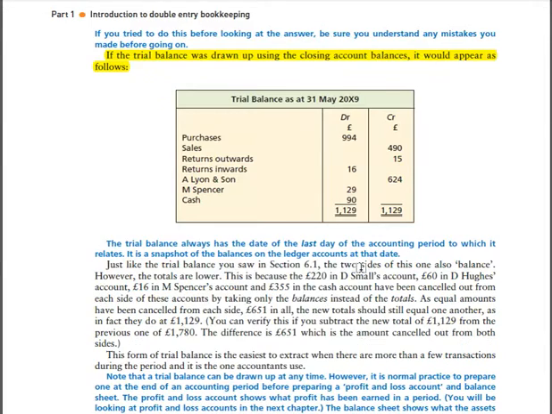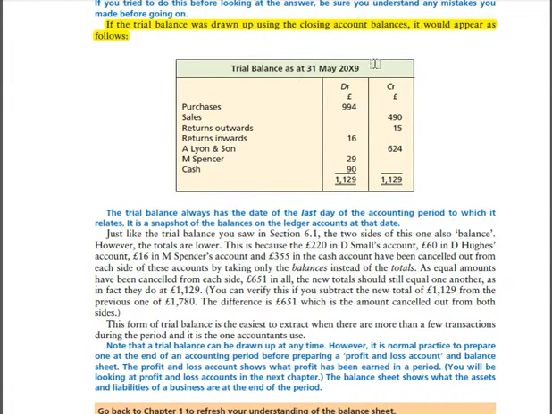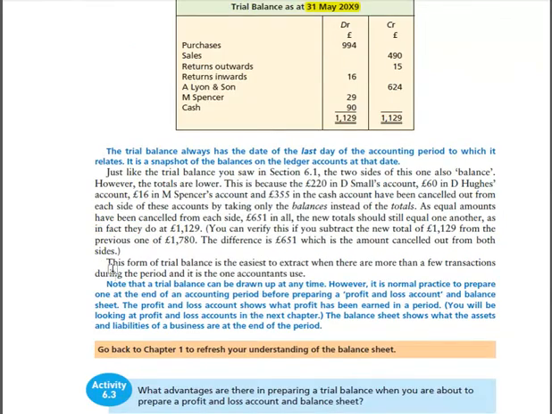So the trial balance is generally as at a date, like the balance sheet, it does not cover a period, so it would show balances as at a specific date. In this case, it is 31st May 2009. We can make a trial balance as at any single day, but generally it's either close of month or close of year.